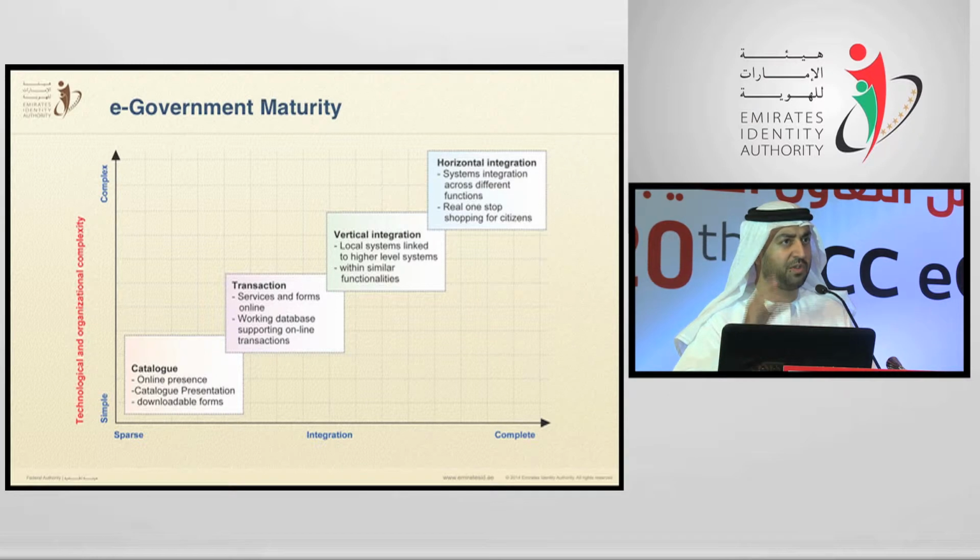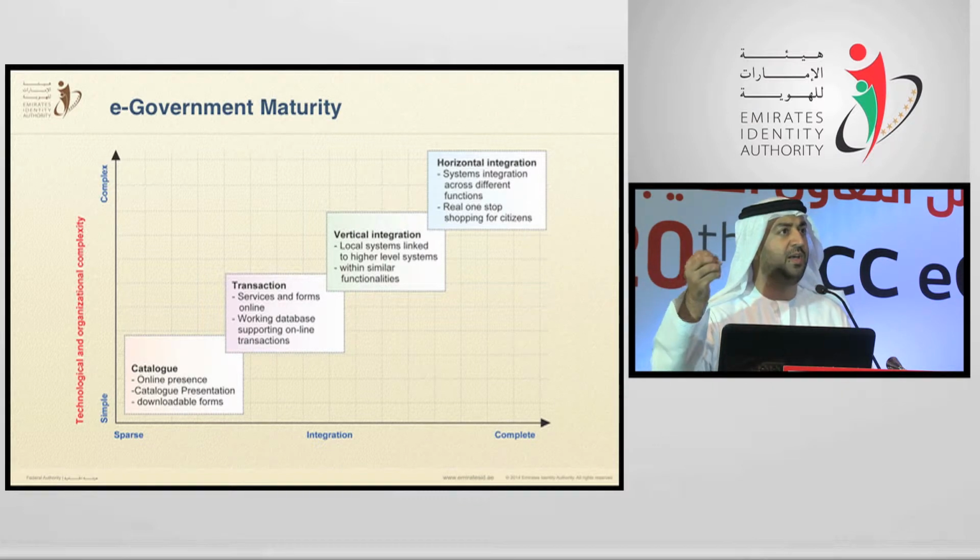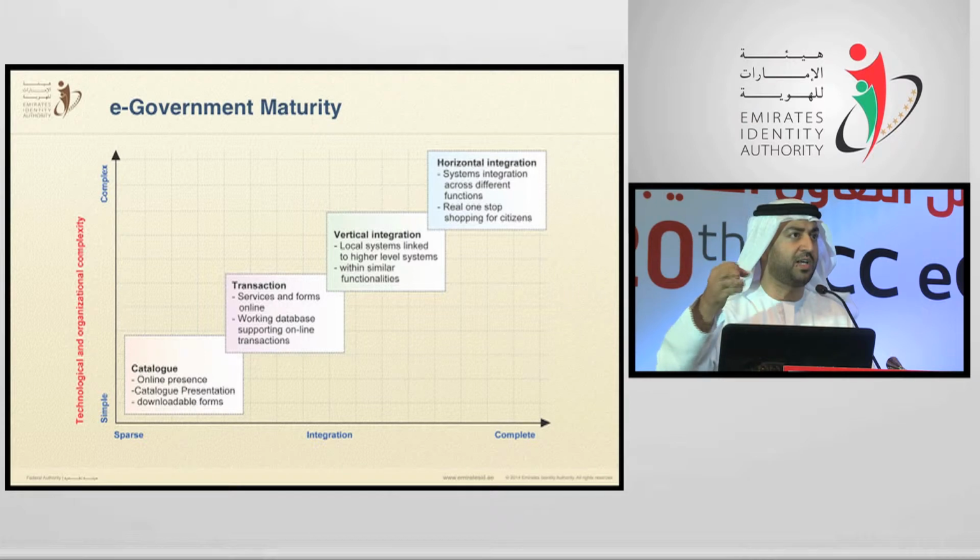The simplest model that comes to my mind whenever I think about e-government is these 4 phases of e-government. The first phase is where government organizations and countries develop websites with some interaction capabilities with their customers. Then they go into the transactional phase where they start putting services online for their customers.